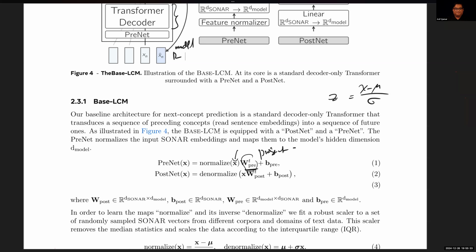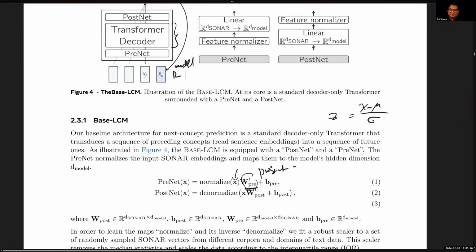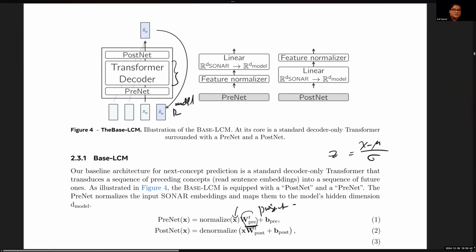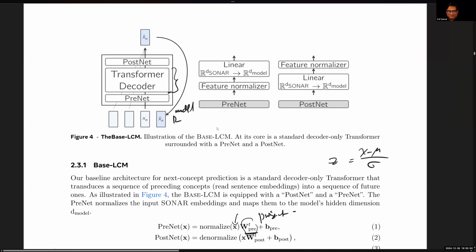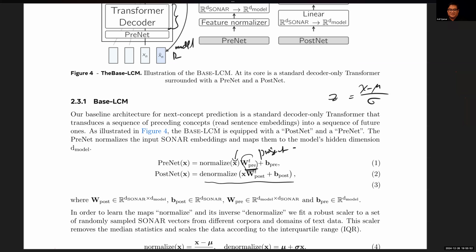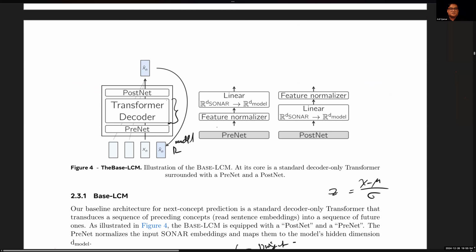This pre-vector goes from the Sonar space to the model space. From there, you feed it to the model, and you have it autoregressively come up with the vectors, and then you post-transform it back, denormalize it back into the next concept.